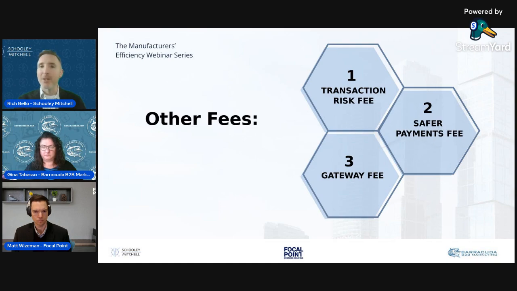The third thing that I have here is gateway fees. That's kind of another catch-all term, if you will. It could include any types of things from using the software that the processor provides for you to take payments to more custom things, such as what they call intelligent suite fees. And that's essentially a whole separate website that you need a separate login to get to.